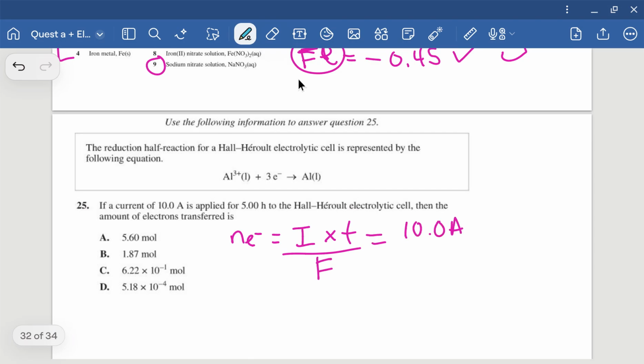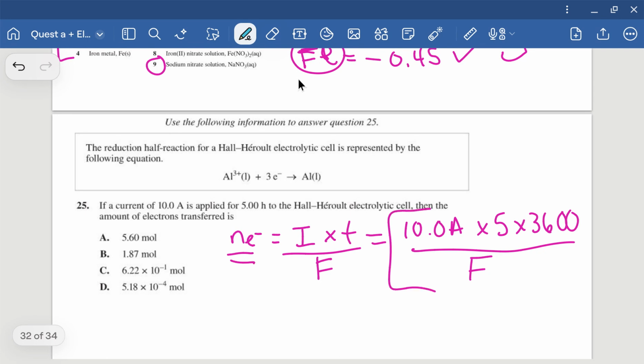So you have your 10 amps times 5 hours, but multiply it by this 3600, which if I was using my unit analysis, you'd see your hours turning to seconds, and then divide by the constant, which you can just grab from your data booklet, page 3. And that's all this wants to know. What is your moles of electrons? So plug this in and you'll see your answer here is B.